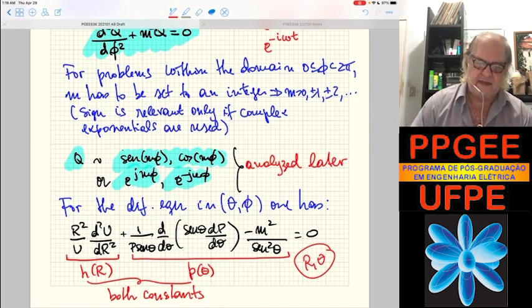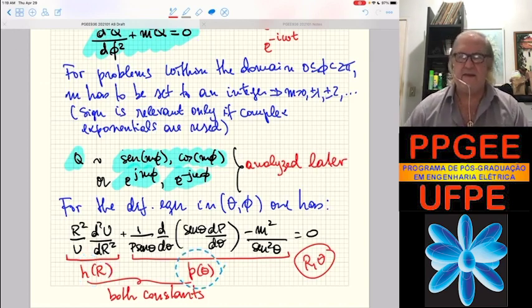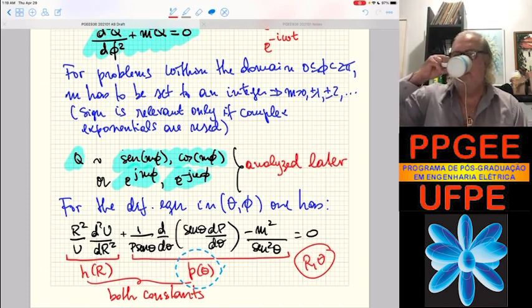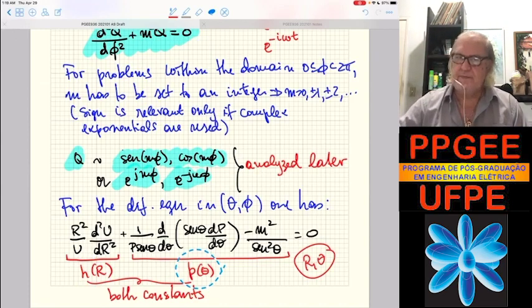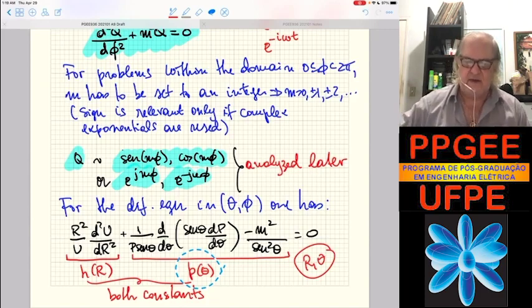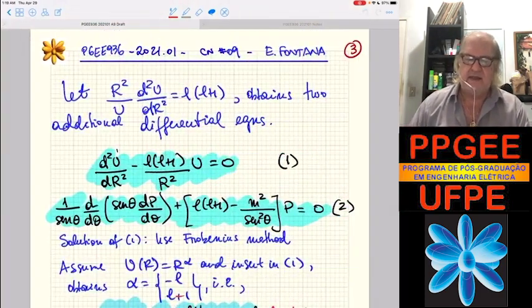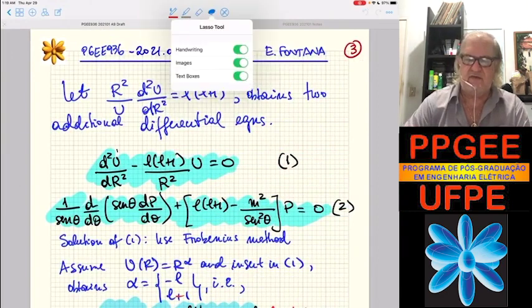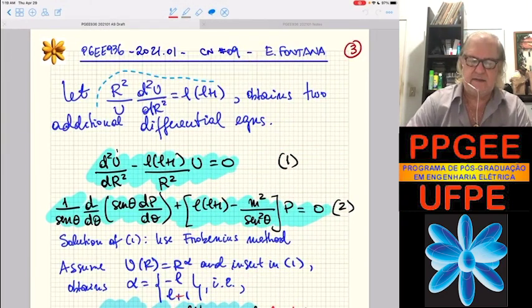H is a constant, and p, lowercase p, is a constant. For convenience, we are going to label the separation constant involving the radial part.